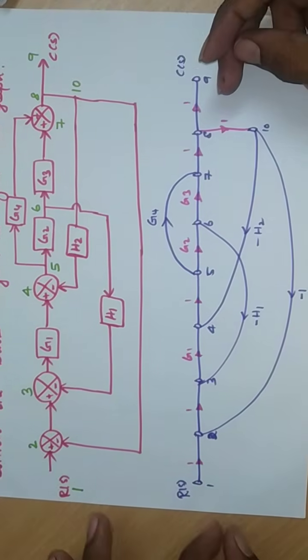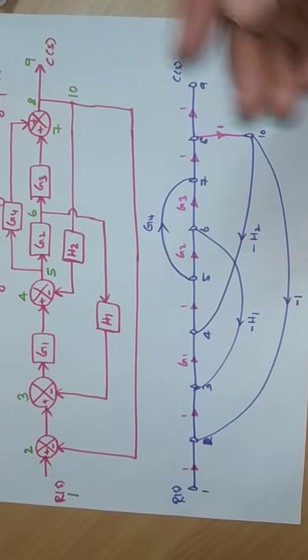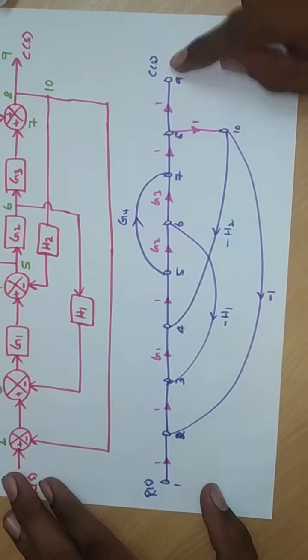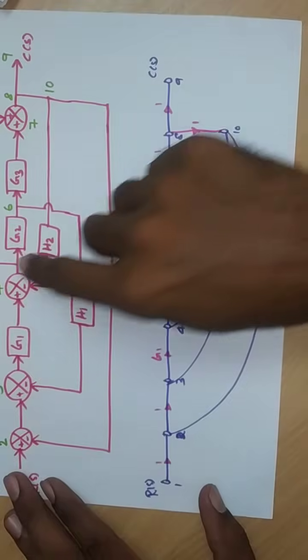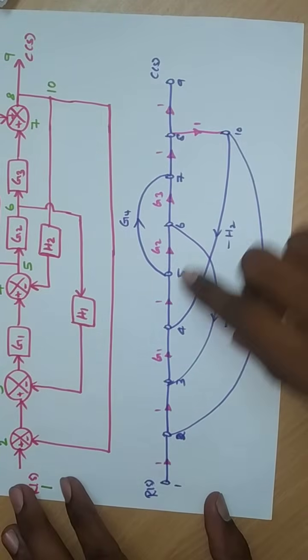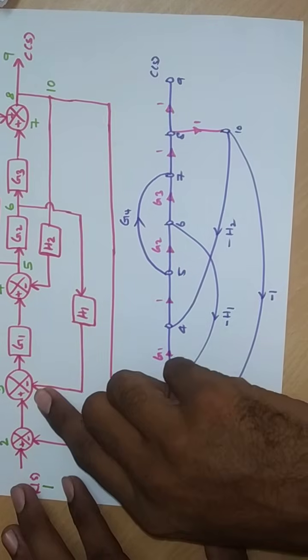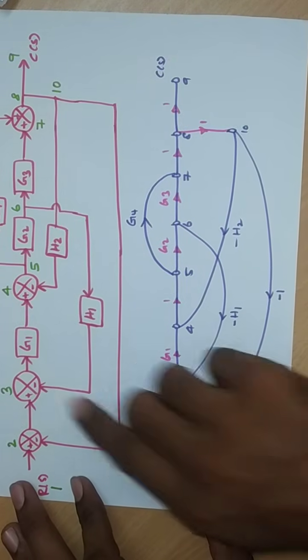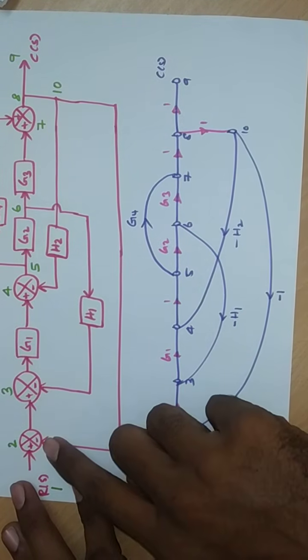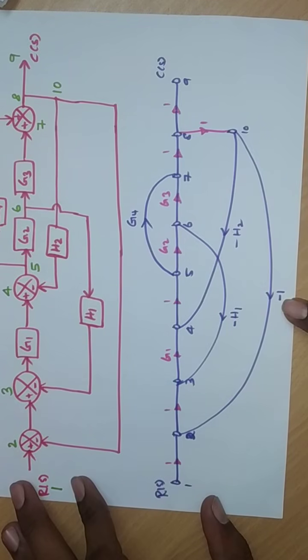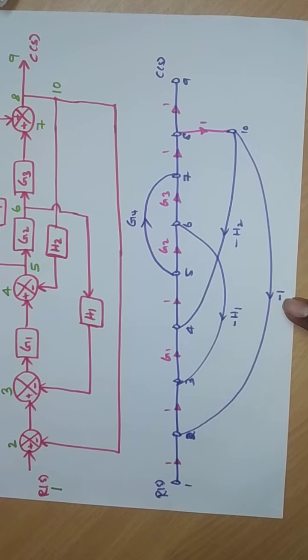So kindly draw the equivalent signal flow graph by drawing the nodes first, and then the feedback and feedforward loops. The main thing is you need to mention the minus sign. If it is negative feedback, you need to mention the minus sign along with the feedback value.